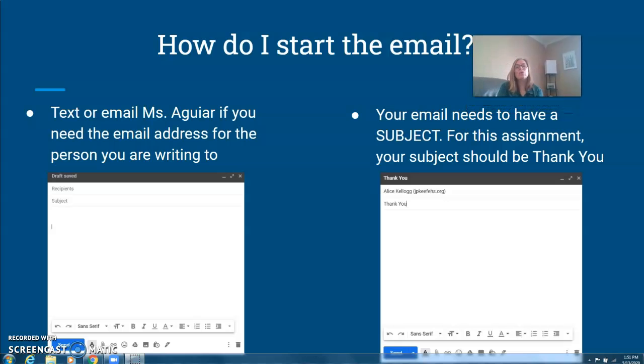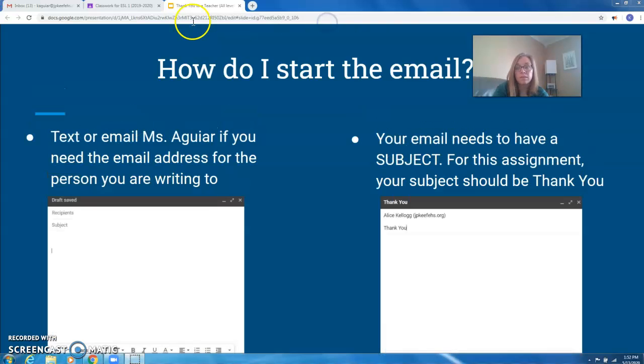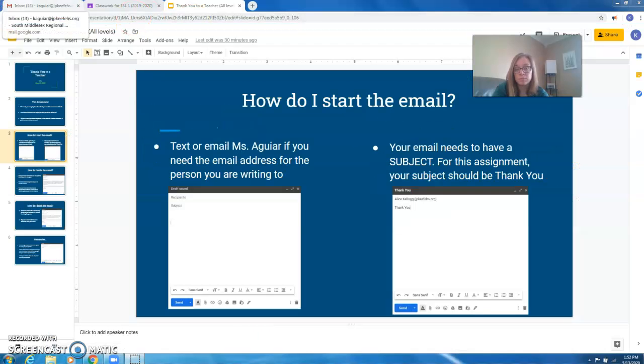So how do I start the email? You can text or email Miss Aguiar if you need the email address for the person you're writing to. So what you do, I'll go back, show you an example.